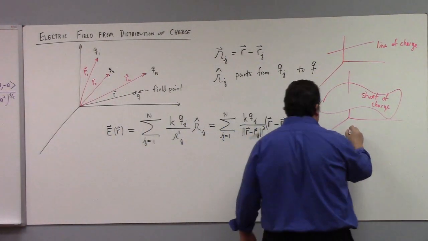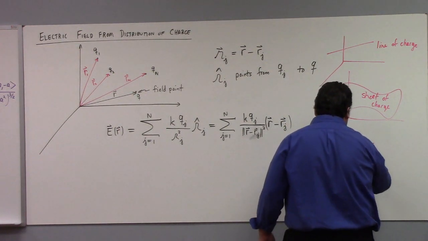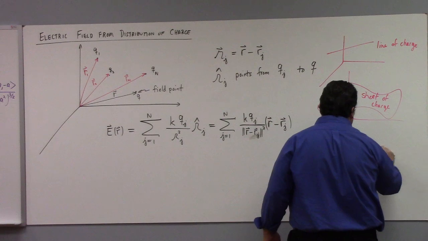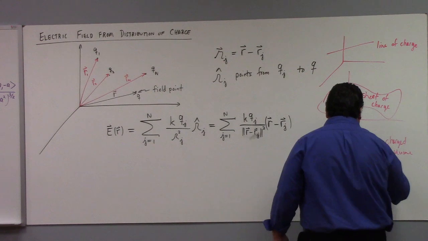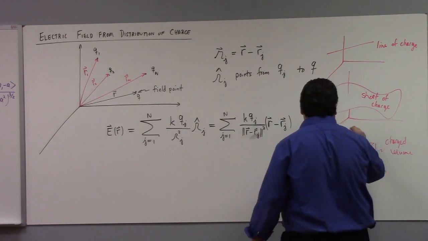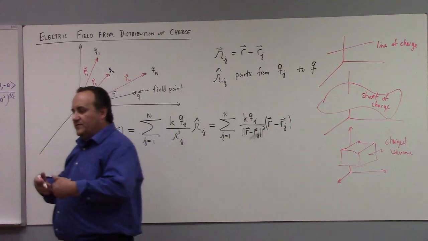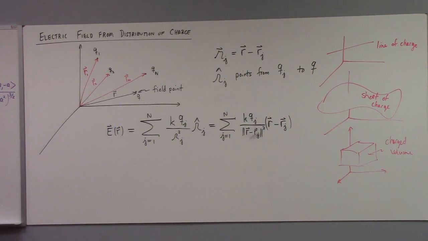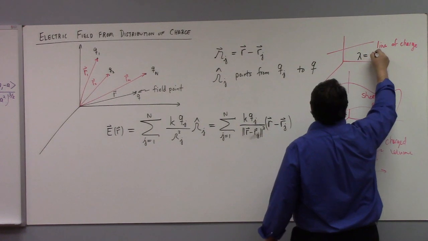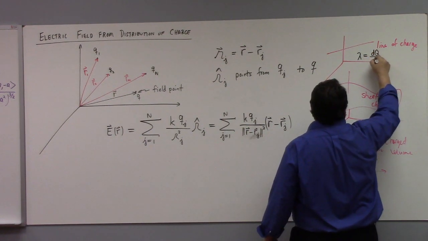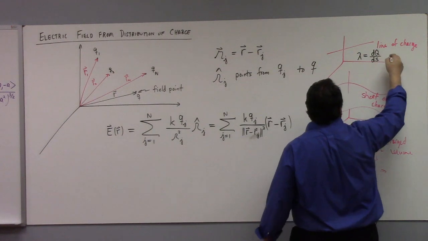And then, of course, the other thing you could have is a blob, a charged volume. Since we're in 3 dimensions, that's pretty much it, right? Of course, you could have combinations thereof, like a line and a surface put together. In each of these situations, we need a different kind of integration to deal with it. For a line, we like to talk about lambda, which is the charge per unit length, like arc length.